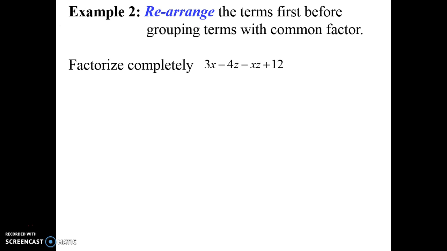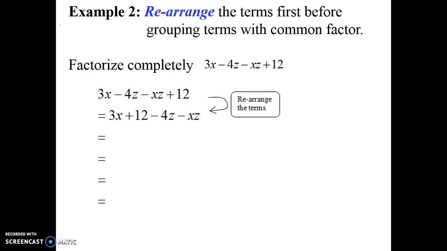Initially, you may notice that within the first two terms, there seems to be no common factor, and there is no common factor at first in the last two terms. But if you try to rearrange the terms, you will notice that 3x plus 12 can be arranged together. Negative 4z minus 8z can also be rearranged together.